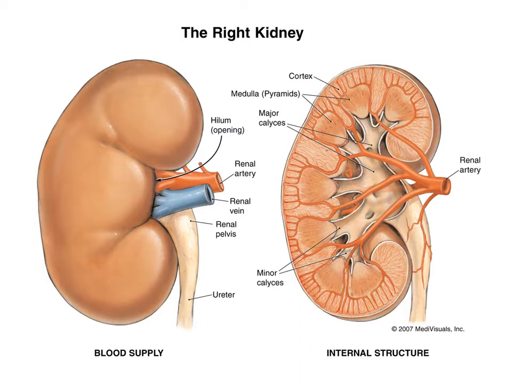The filtrate, which is the fluid that goes through the nephrons, will in part become urine and end up in the bladder for excretion. So that's the main anatomy of the kidney, and we'll go into a bit more detail as we go through other slides.